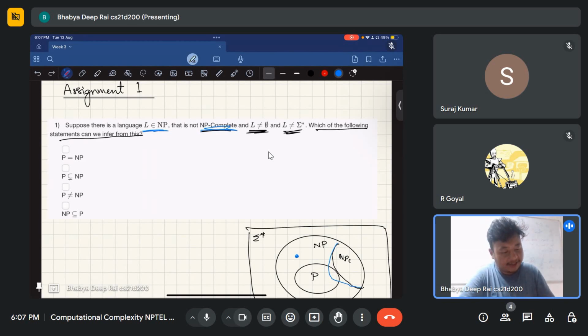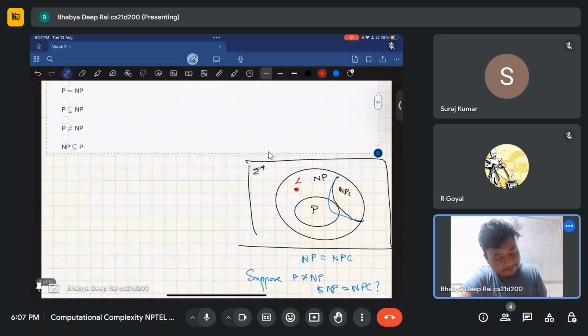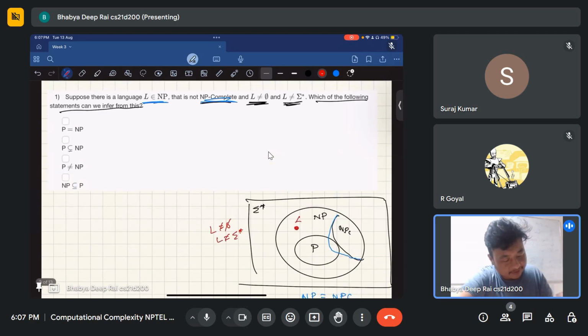Next, L is not equal to phi, and L is not equal to sigma star. Sorry, this is not sigma star. This should be the power set of sigma star, that is, the set of all languages. Which of the following can be inferred from this? That is the question.